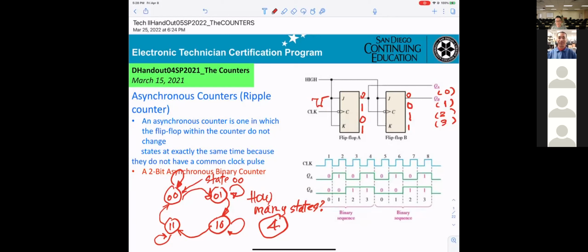And that also telling you, if you want to counting, like you get a 2 flip-flop, you want to know what the decimal number they can count up to, then you can using 2 power of n. If you get only 2 flip-flop, 2 power of 2, you get a 4 state.